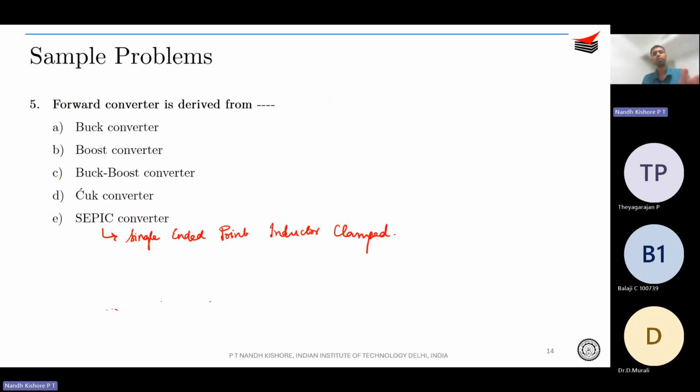We will of course study about this in the coming lectures. Okay. So anyway, forward converter is derived from what? Forward converter is obviously derived from buck converter, right? It's an isolated buck converter, the isolated form of buck converter is actually forward converter, right?